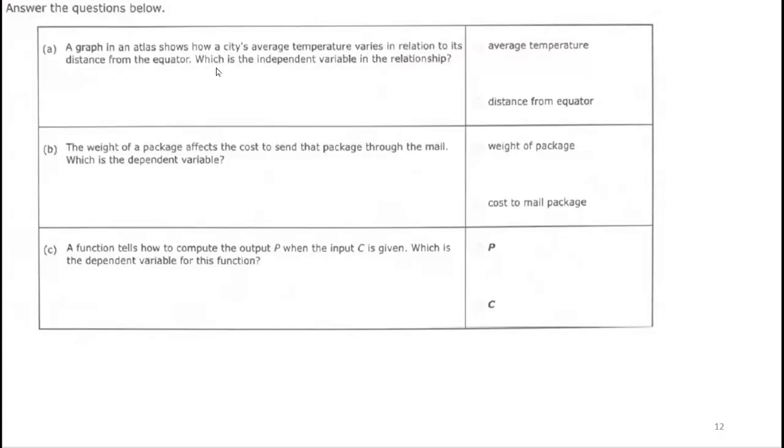We have a set of questions here, and before we answer them, let's talk a little bit about two terms: independent versus dependent. In linear equations, these two terms are emphasized a lot.